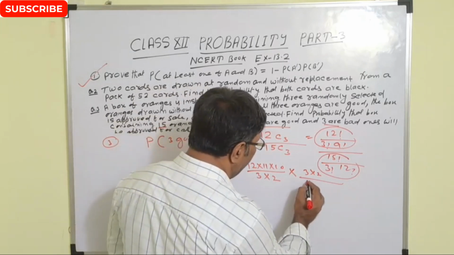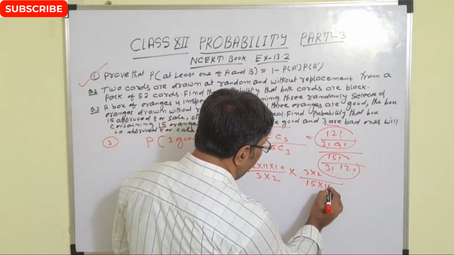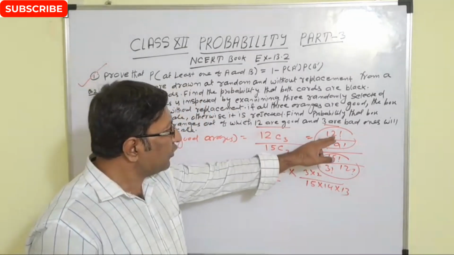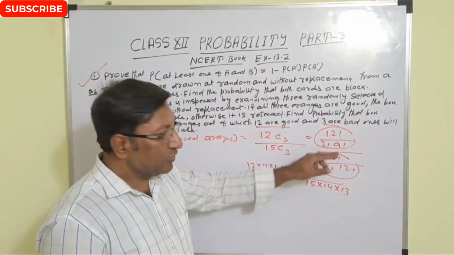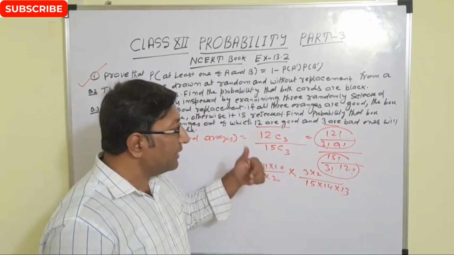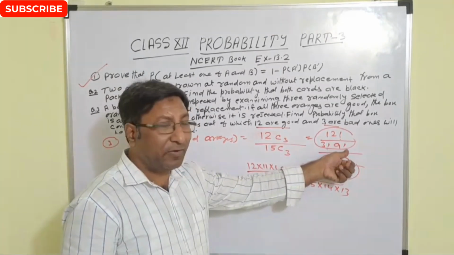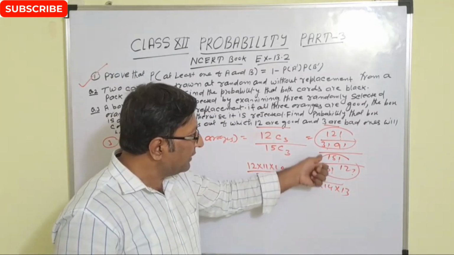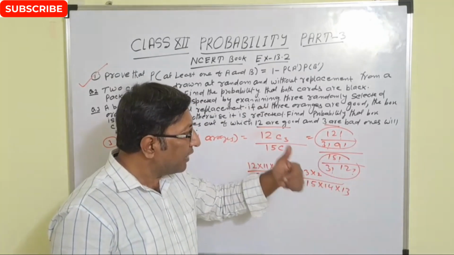So we will get how much? 15, 14 into 13. Again listen, this is 12 factorial, this is 9, so 12, 11, 10. Then 9 factorial will be cancelled out. Only 3 factorial left, 3 into 2. Multiply this number, so this number becomes reciprocal.